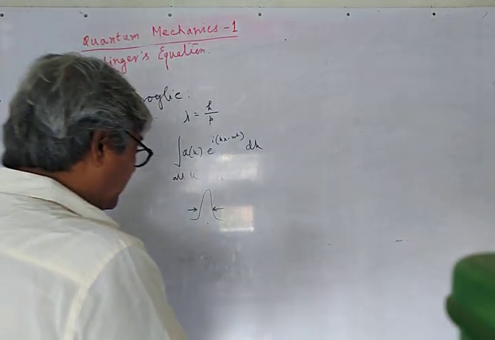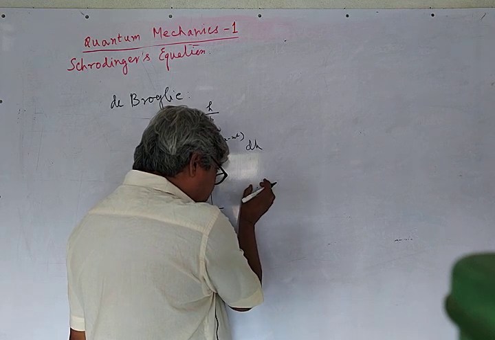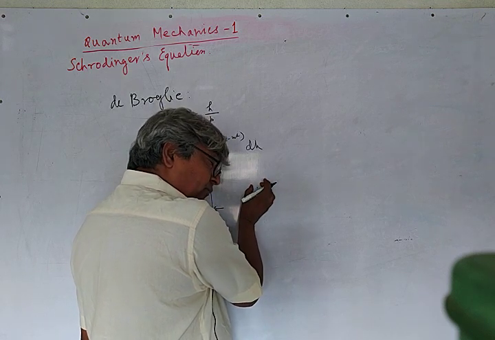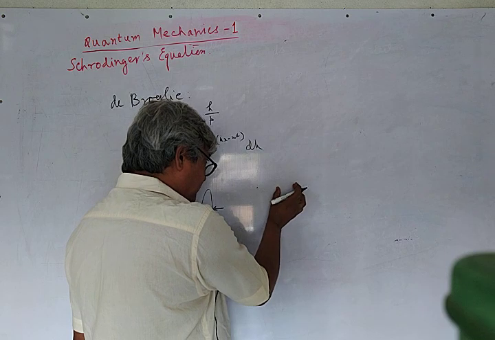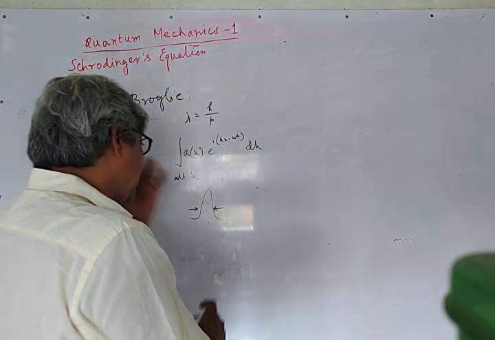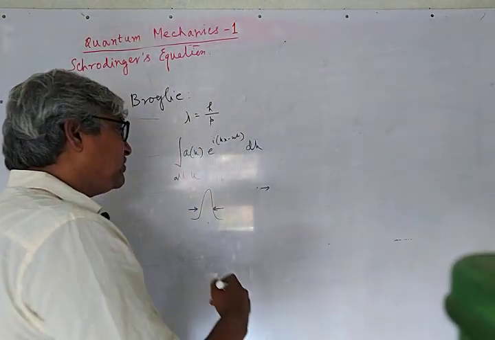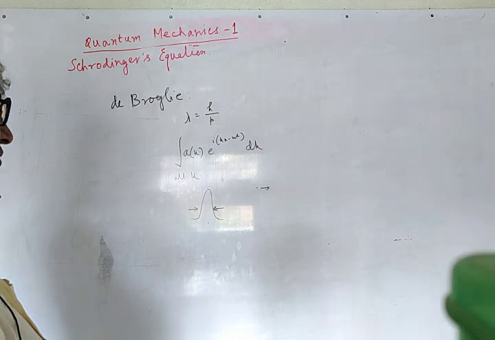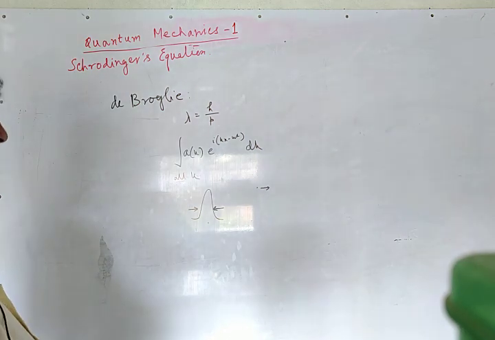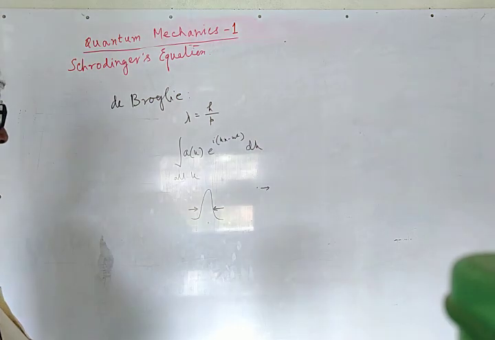So for a small particle, the wave will have a small width, and for a larger particle, the wave will have a larger width. And another thing is that as the particle moves, the wave as a whole must move with the same velocity, that is, the group velocity of the wave packet must be equal to the particle velocity.